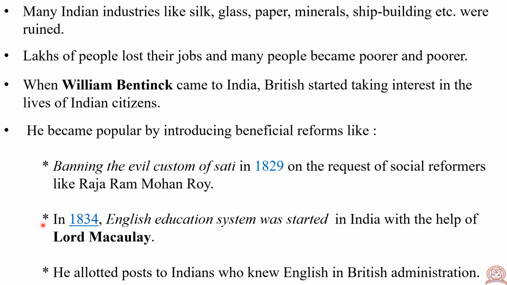Second one, in 1834, English education system was started in India with the help of Lord Macaulay. Third point, he allotted posts to Indians who knew English in British administration. Means with English education, the British government got administrative workers who knew English.